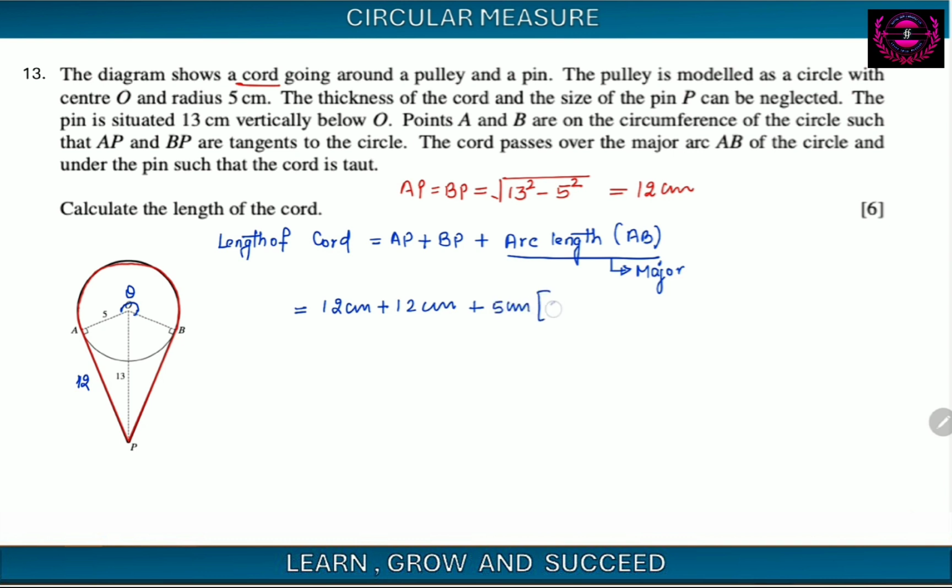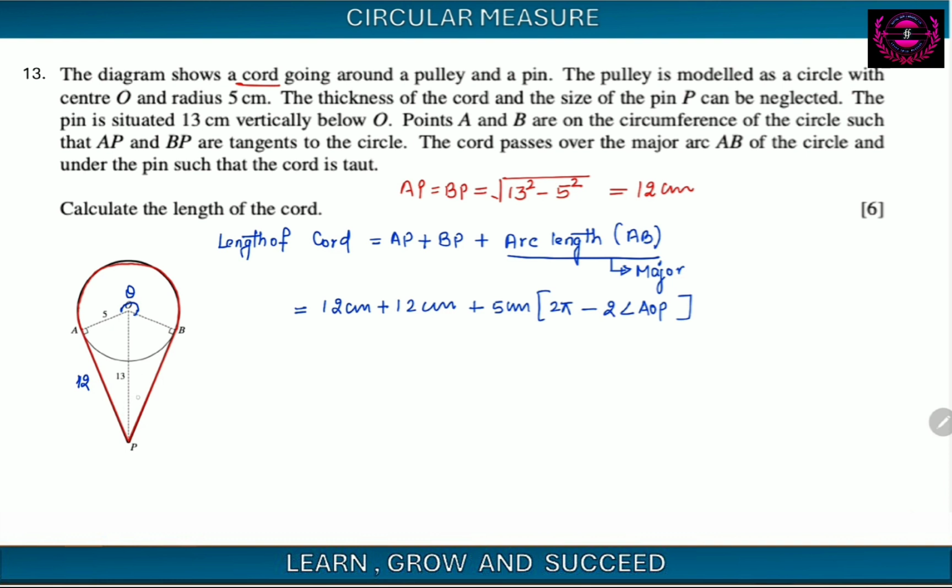So theta can be written as 2 pi, which is 360 degree, minus 2 into angle AOP. I can write it like this because AOP is equal to BOP.